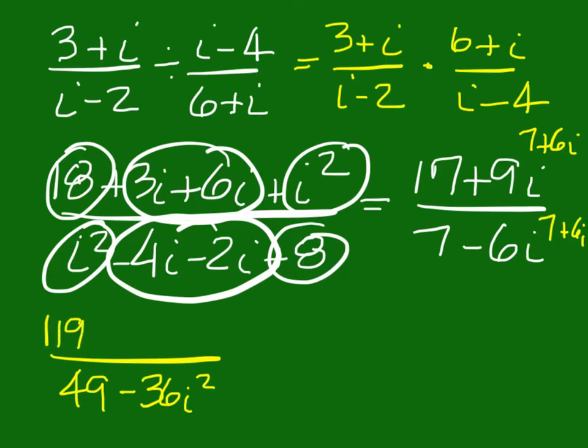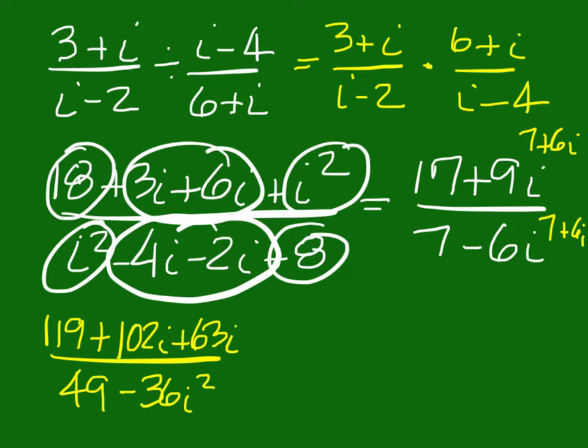And then 17 times 6i would be 102i. And then you'll have 9i times 7, which is plus 63i.